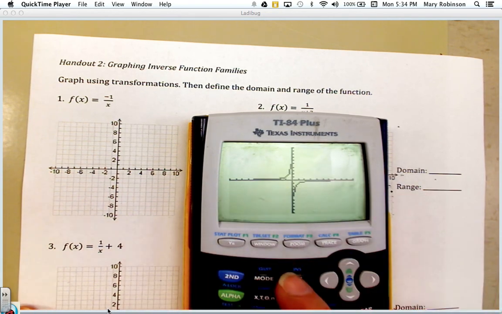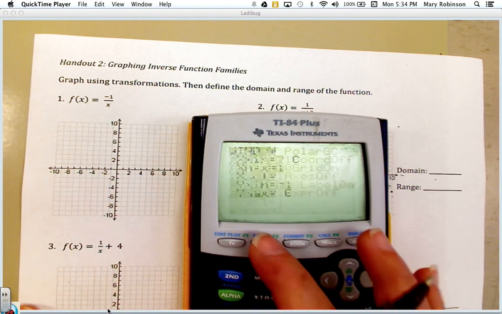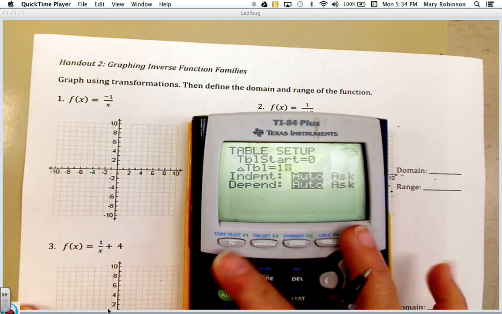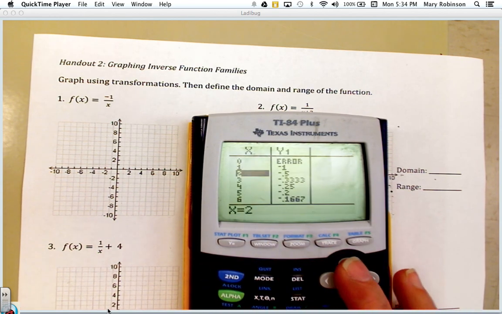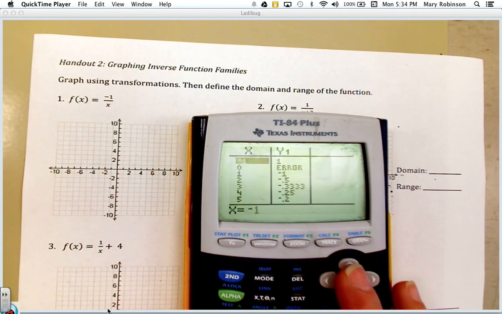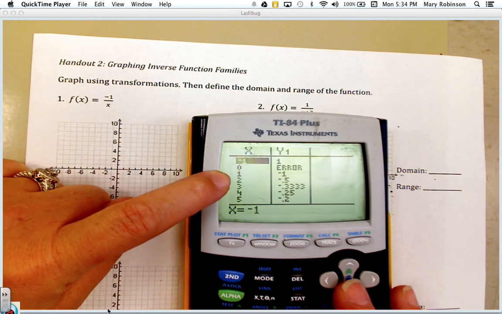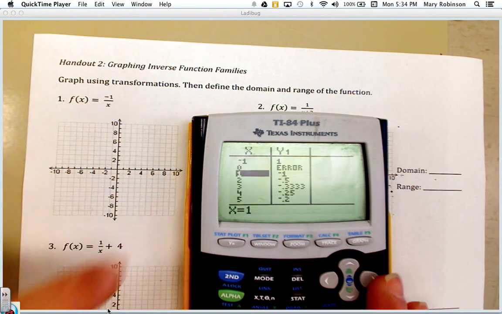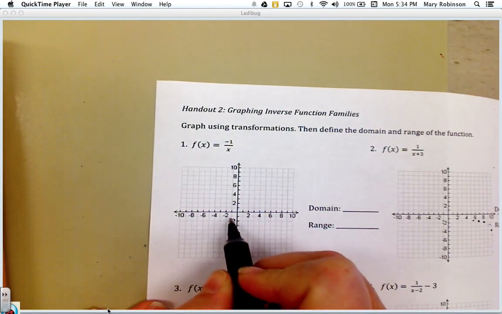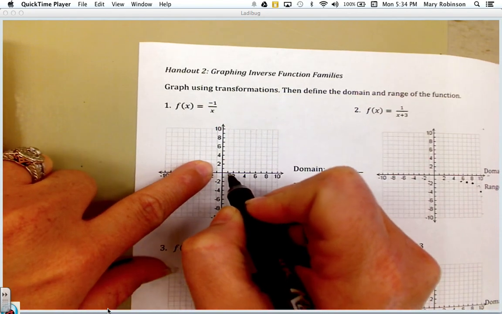Thinking about points, if we're not doing anything but reflecting, let me go back to setting this at 0 and at 1. Then we'll see that we still have a restriction on 0. However, we still have the point negative 1, 1 and still have the point 1, negative 1. Or in other words, the 1, 1 and negative 1 actually invert. So instead of being here and here, they're going to switch to here and here.